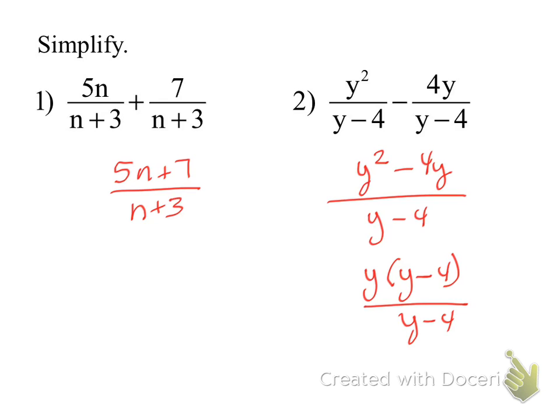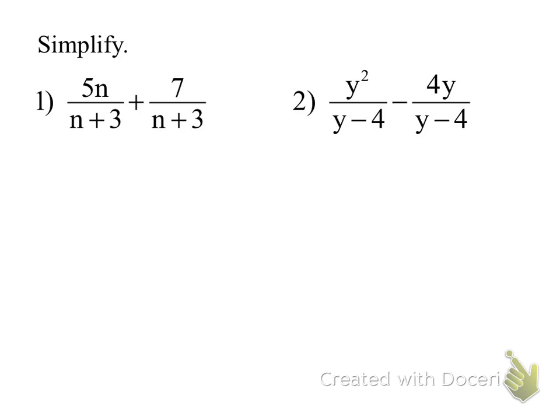Now what can we do? We can cross cancel our y minus 4, and we are left with y. So, we combine it all onto one fraction, and then we factor if we can, and then we simplify. Okay? If you simplify before you combine the 2 fractions, it won't work.